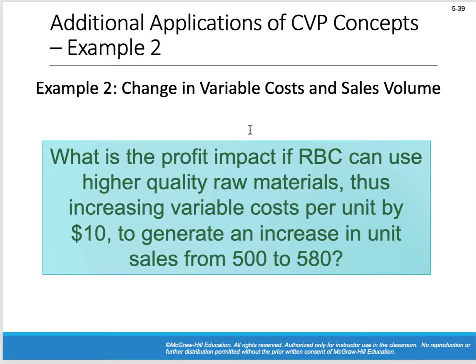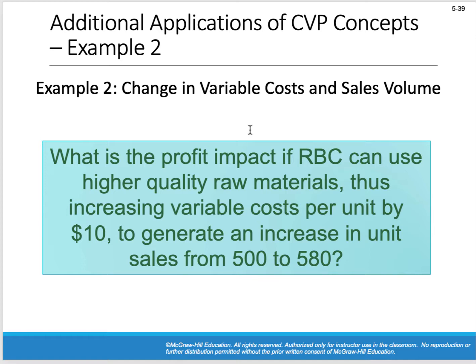What's the logic behind this? Well, when I see this example, changes in variable cost and sales volume, I automatically think of Papa John's, right? Better ingredients, better pizza, Papa John's. Same kind of thing here. We're going to use higher quality raw materials in our products.